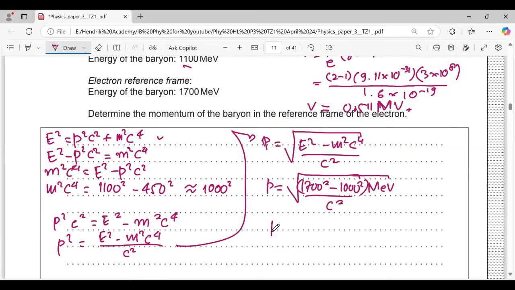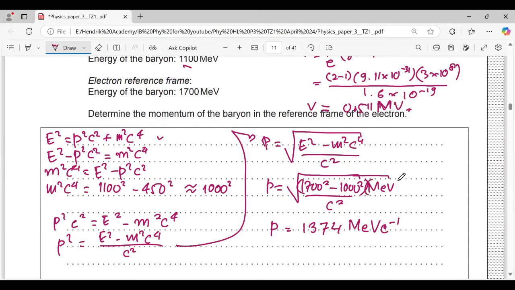So it becomes P equals, if you calculate, the result is 1,374 mega electron volt per C. Okay, that is the result.